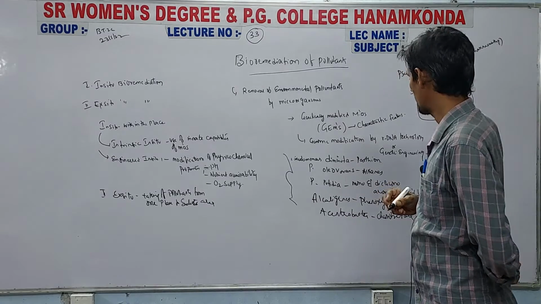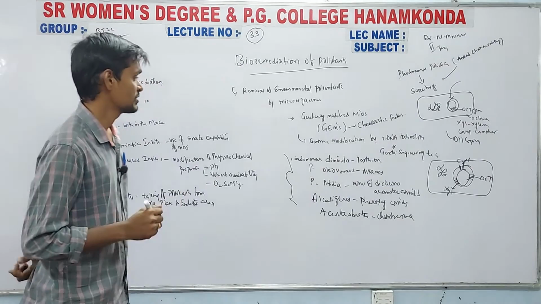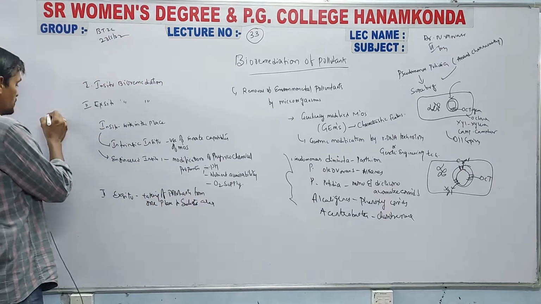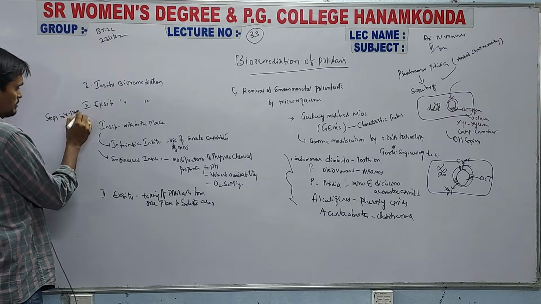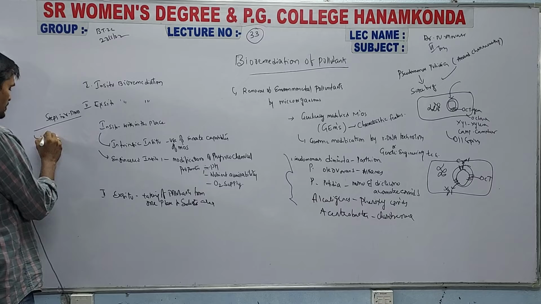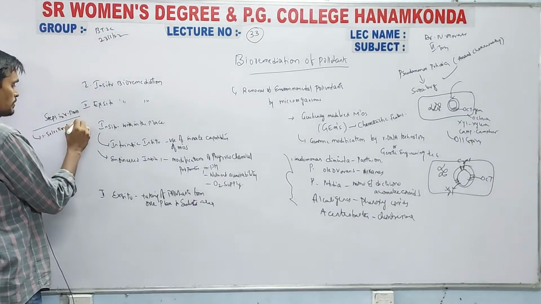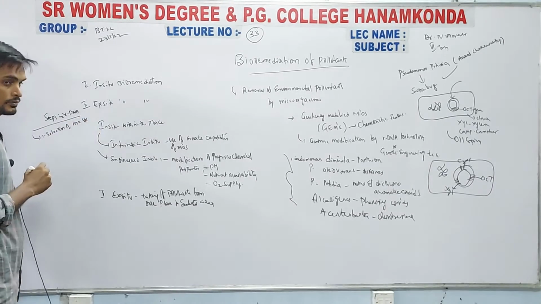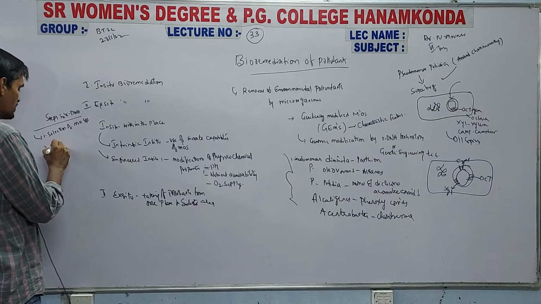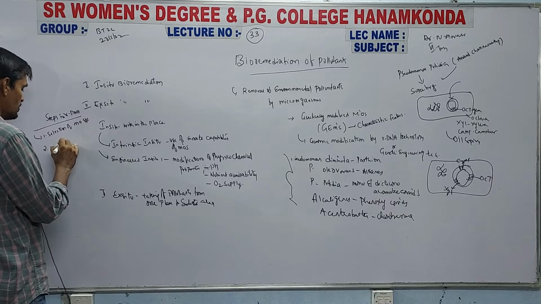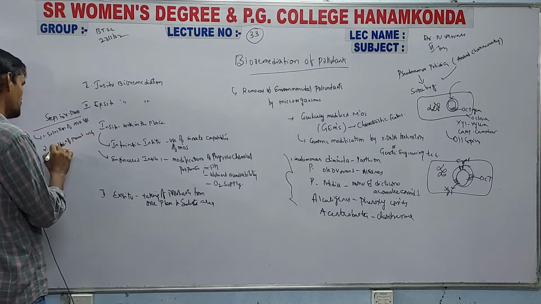In rDNA technology, there are several steps to be followed to create genetically engineered microorganisms. The steps involved in rDNA technology: the first one is selection of microorganism species. The second one is modification of plasmid DNA with desired genes.